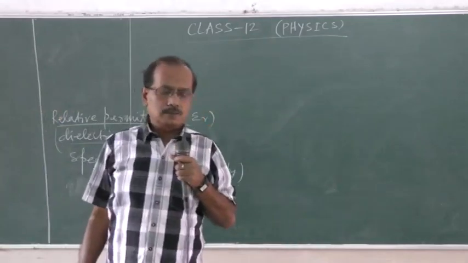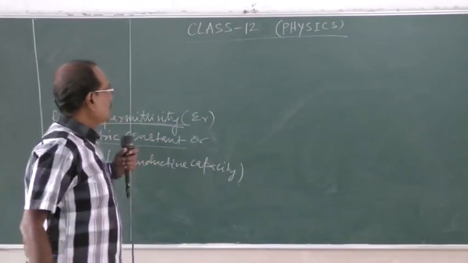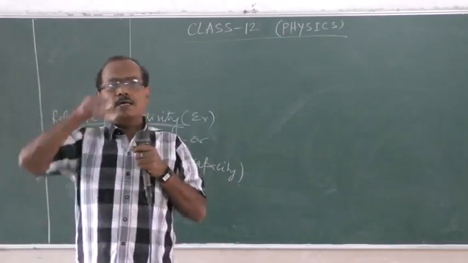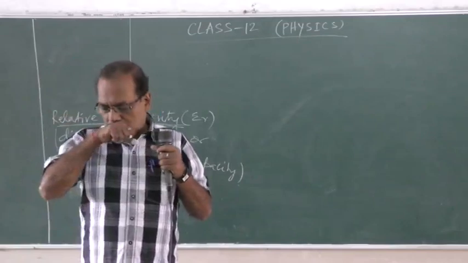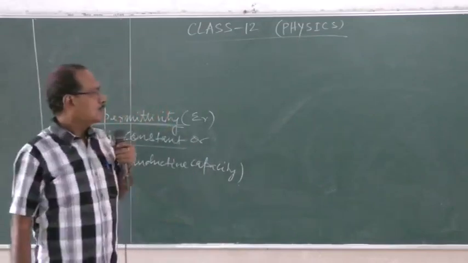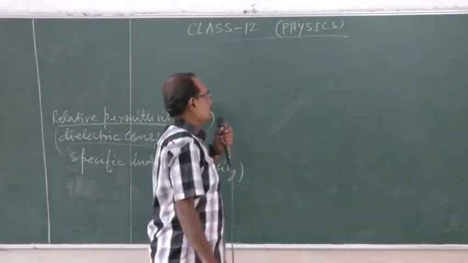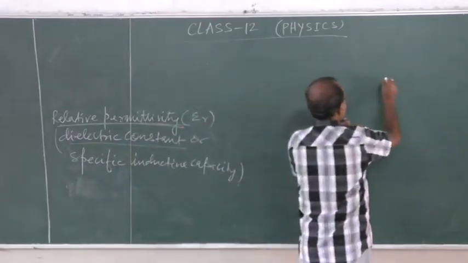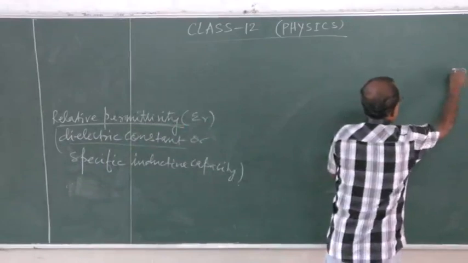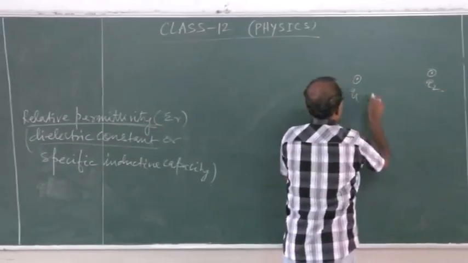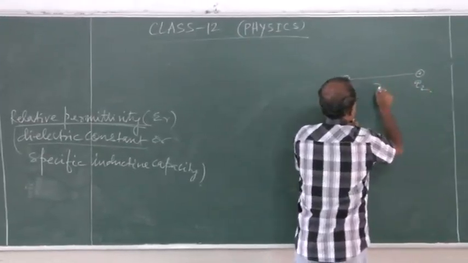Now we will find the force between two charges when they are kept in a medium or when they are kept in free space. Let us consider two charges Q1 and Q2 separated by a distance small r.